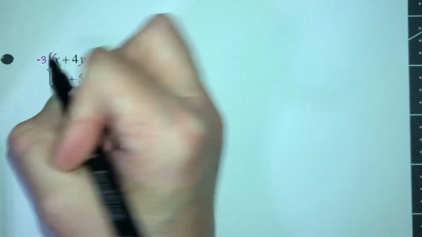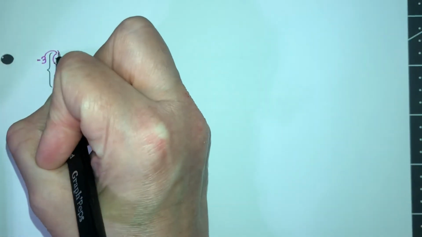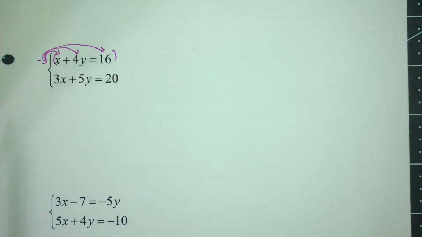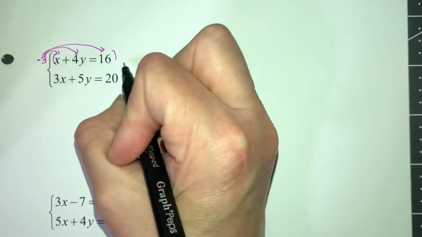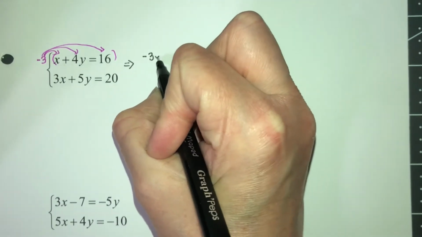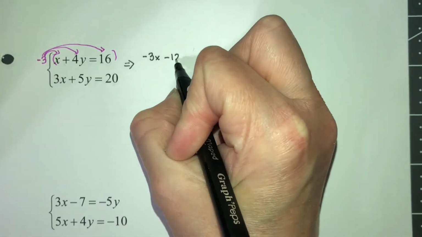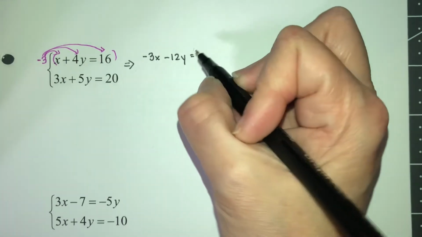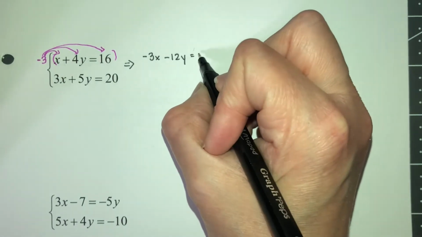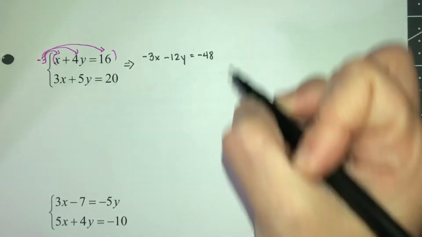You can think of it as a big distribution. Go all the way through. So this system becomes -3x minus 12y equal to -3 times 16, which would be -48.